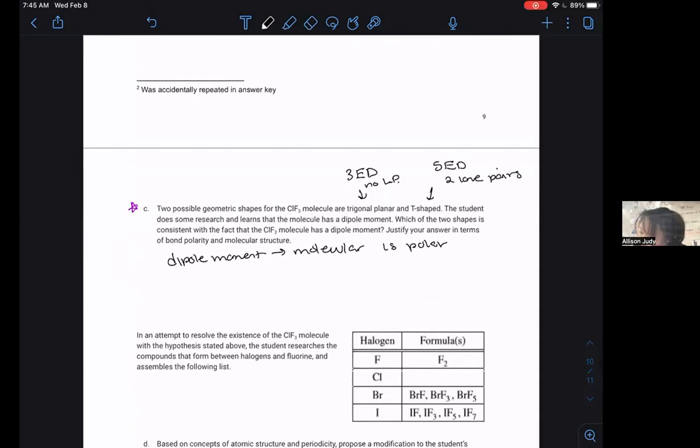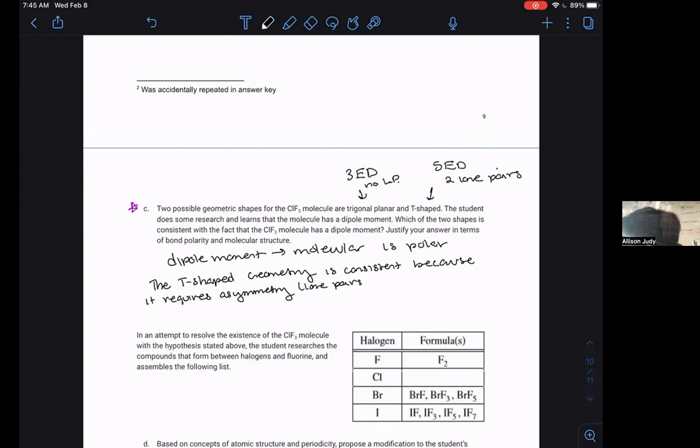So the T-shaped geometry is consistent because it requires asymmetry due to lone pairs around the central atom, and unequal dipoles that do not cancel out. Here again, it's due to the lone pairs.